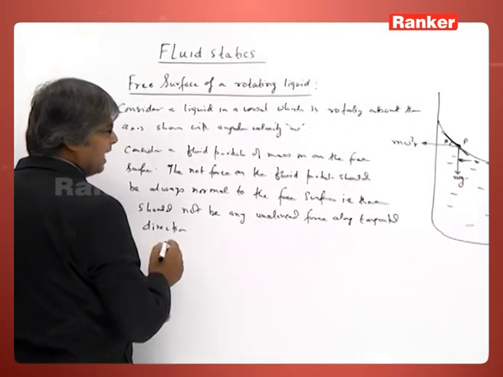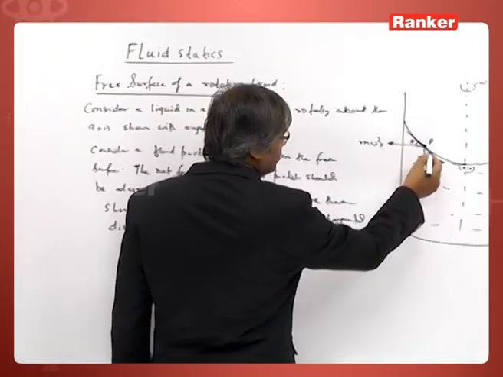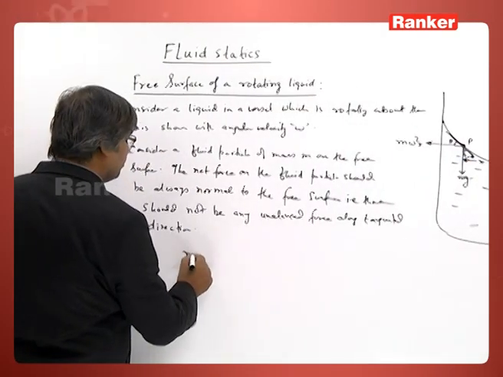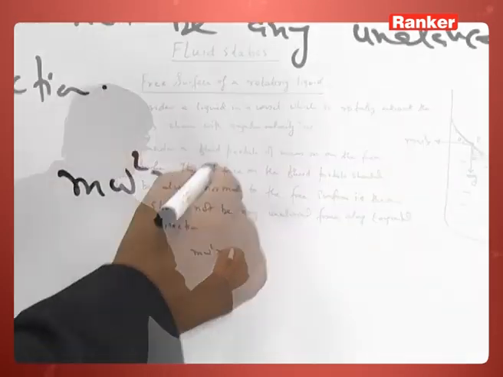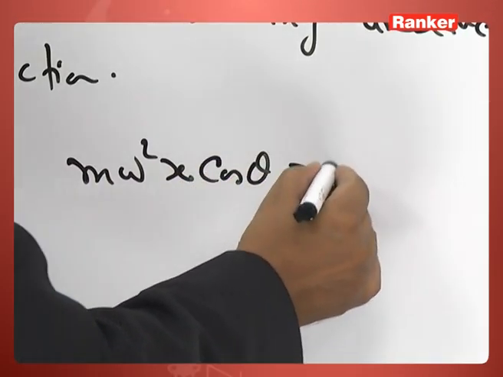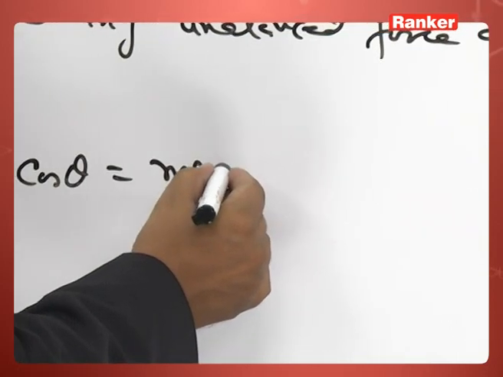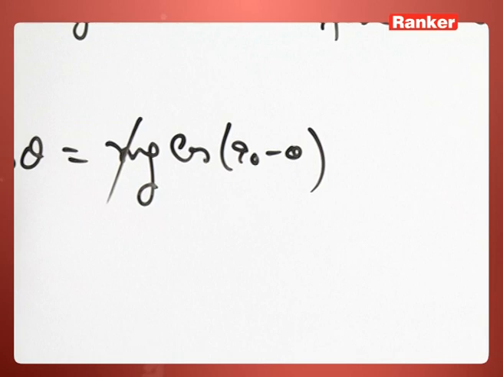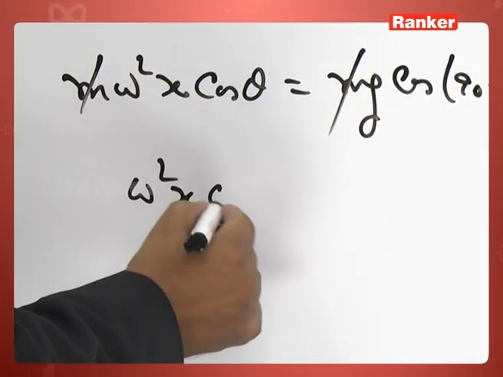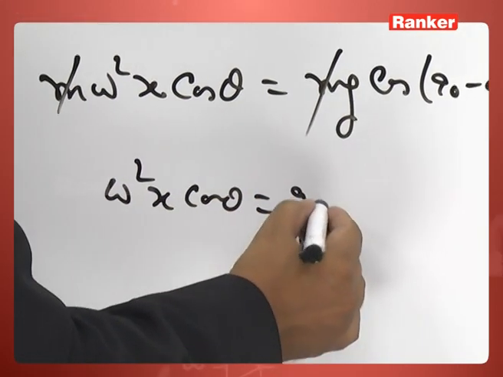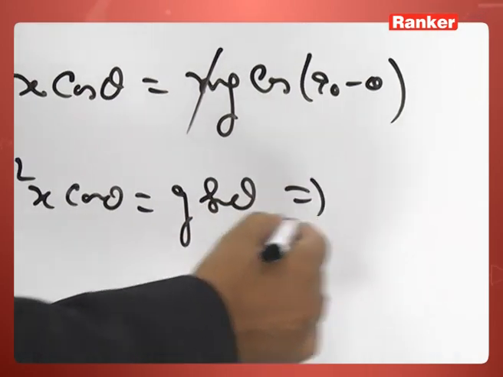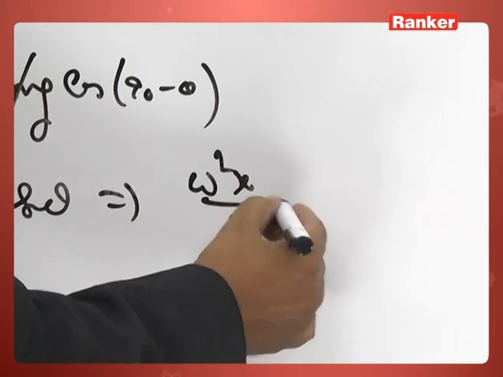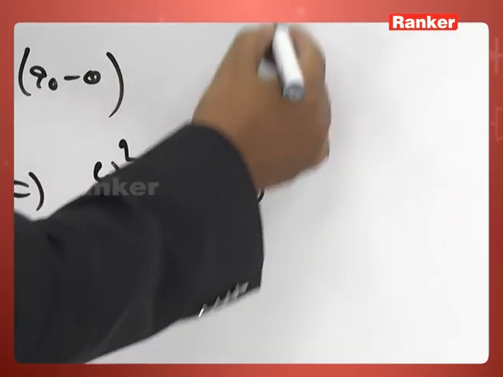So, this is theta and this becomes 90 minus theta. So, m omega square x cos theta becomes mg cos 90 minus theta. Cancel, omega square x cos theta is equal to g sin theta. So, here you see omega square x by g becomes tan theta.